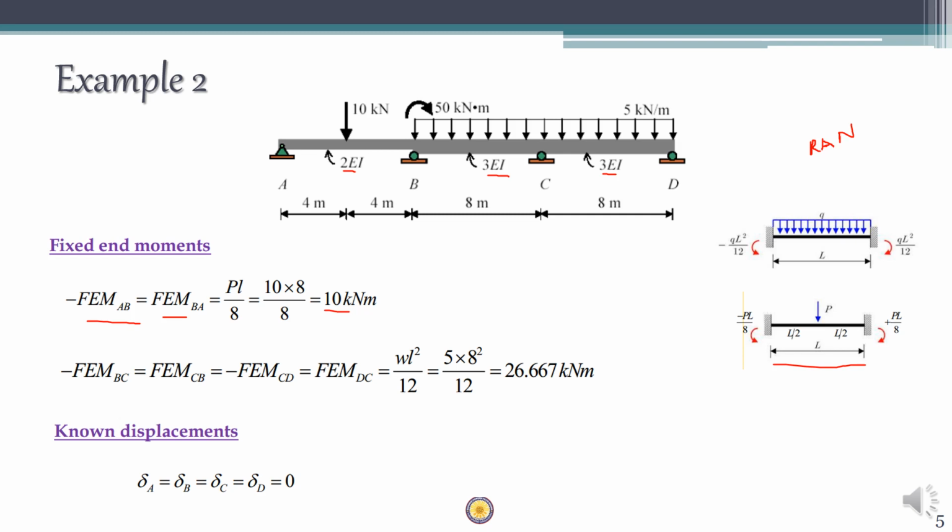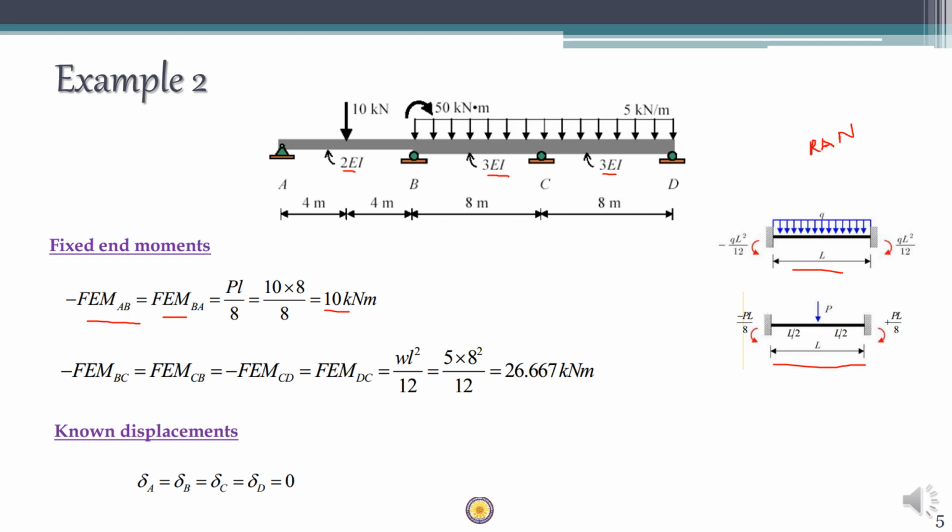For the next span, here it is UDL 50 acting over a length of L. So we can use this particular expression. On the left support we have anti-clockwise moments, which means it is negative. So FEM BC and FEM CD both are going to be negative, and FEM CB and FEM DC both are going to be positive.